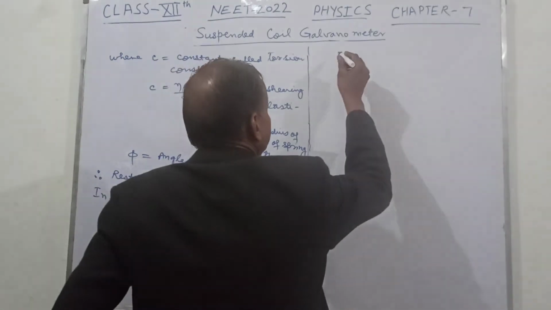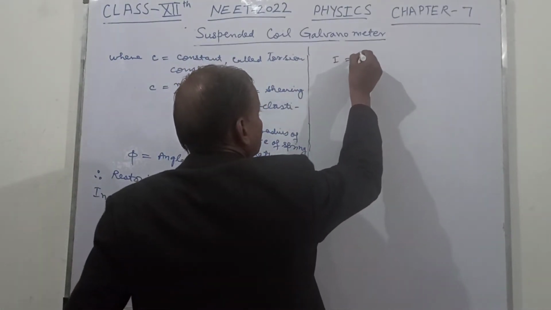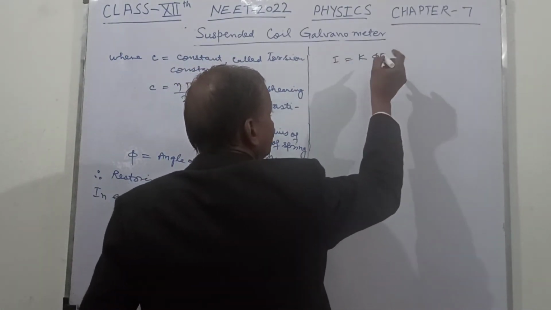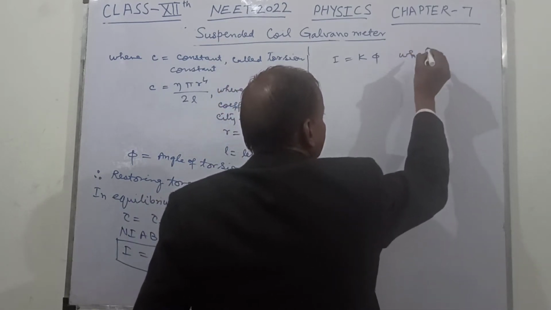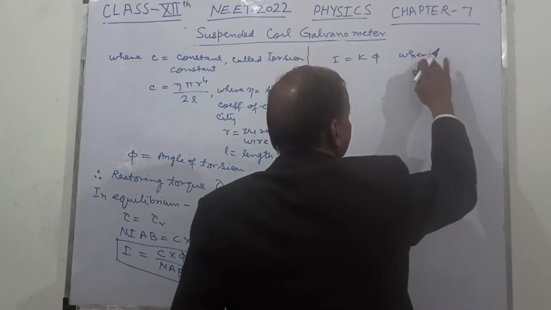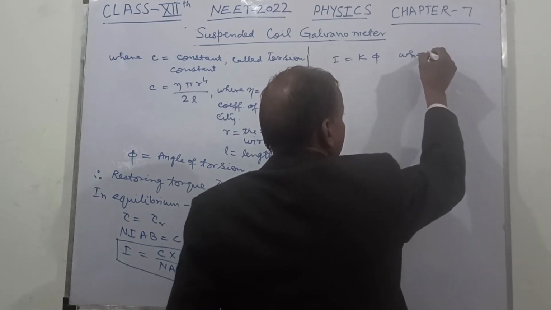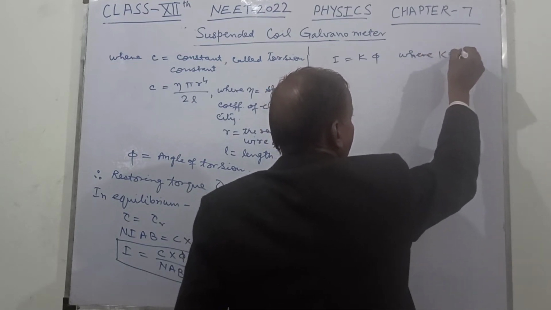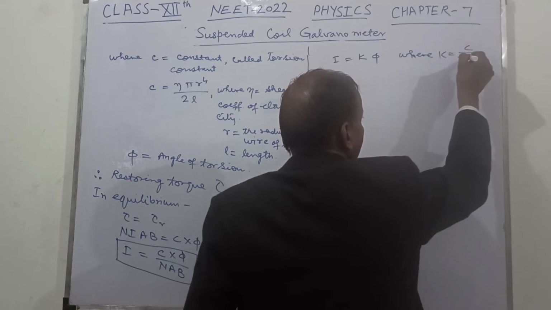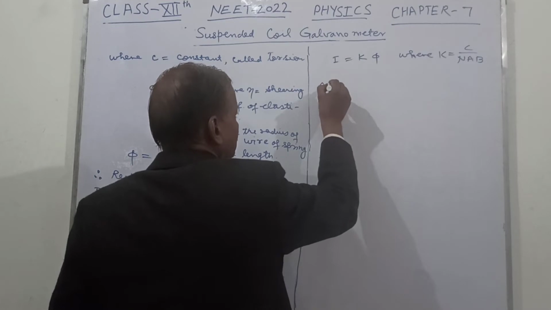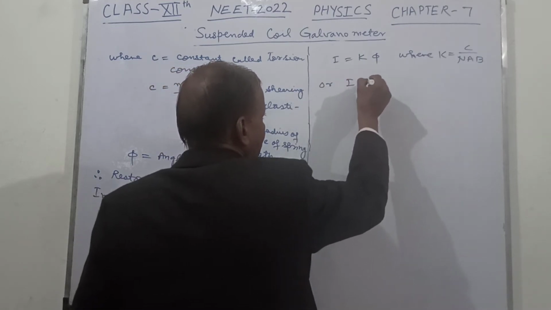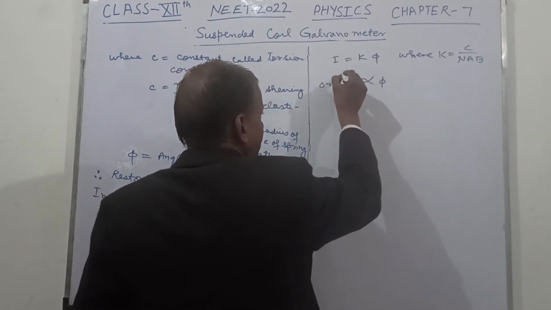So I equals K into phi, where K equals C upon NAB, or I is proportional to phi.